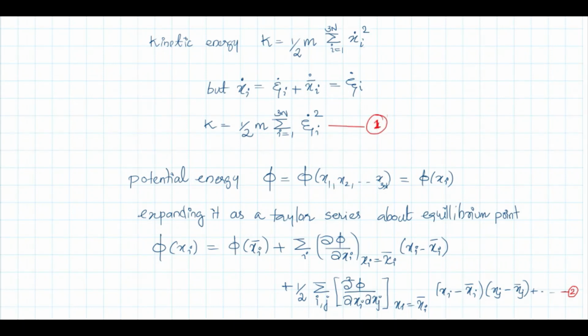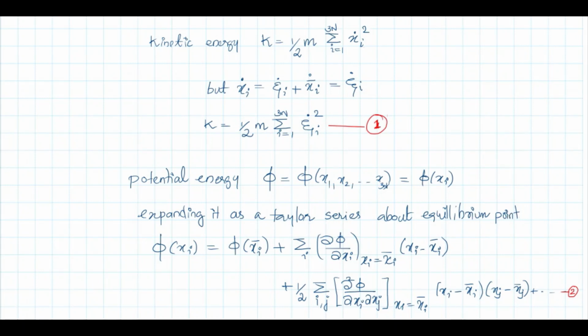Now we want to find the potential energy. Potential energy, of course, will be a function of all the position coordinates. So phi is a function of x1, x2, etc. x3n. We can represent it as phi of xi. We can expand the potential energy as a Taylor series about the equilibrium point.